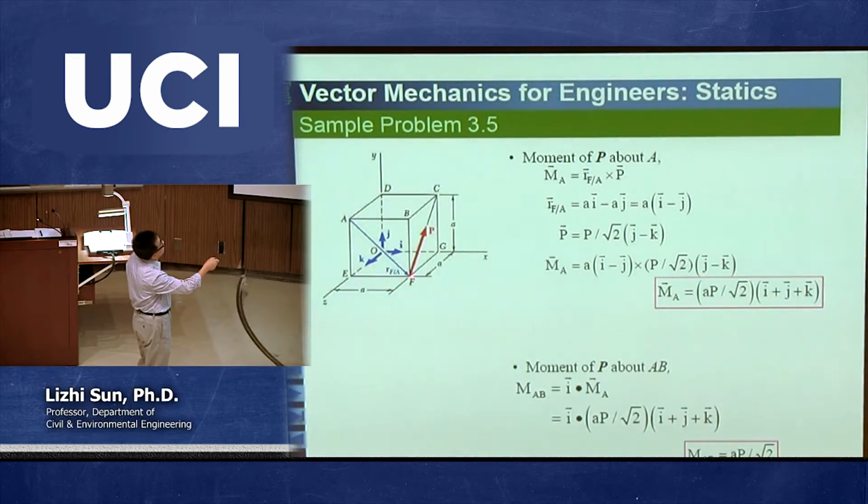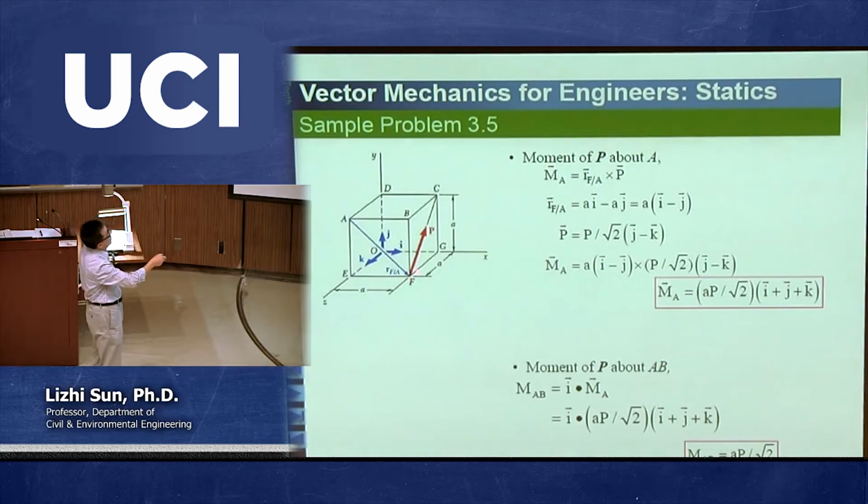The first one is a minus 0, that's still a. That's why you have this one here. The y component: this one has no y component, but the other has a, so 0 minus a is negative a j. The third component of this one is a, and the third component of the other is also a, so a minus a is 0. That's why you don't have something with k. So this is R, using F minus A. This is what you finally end up with. That should be simple enough.